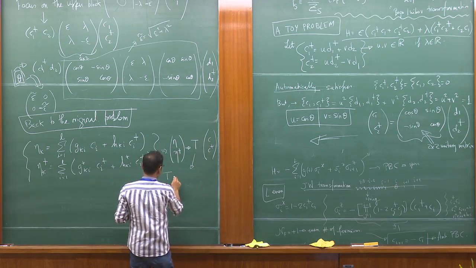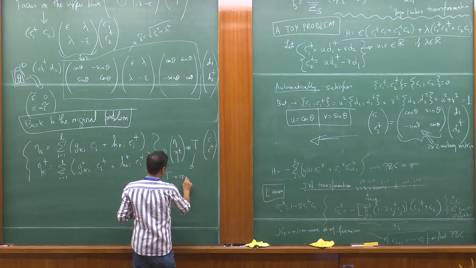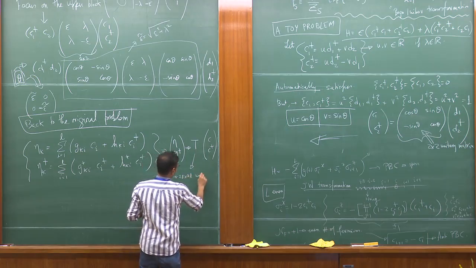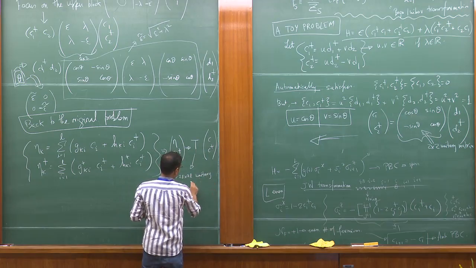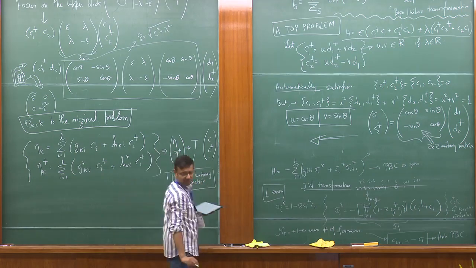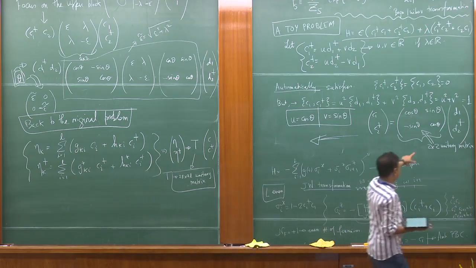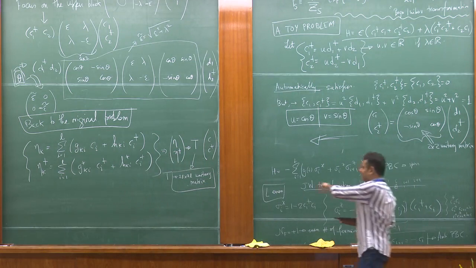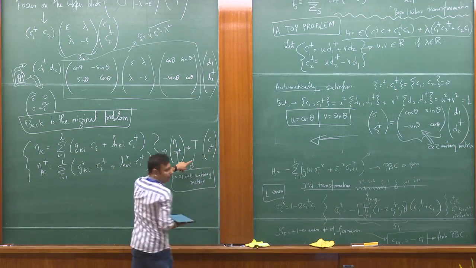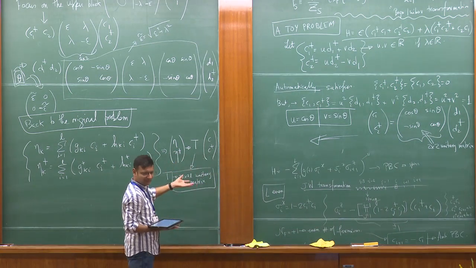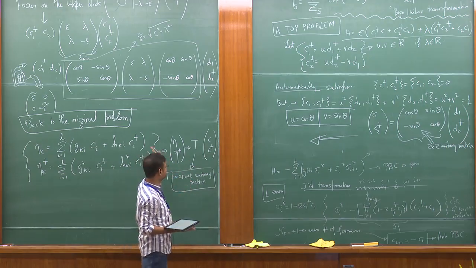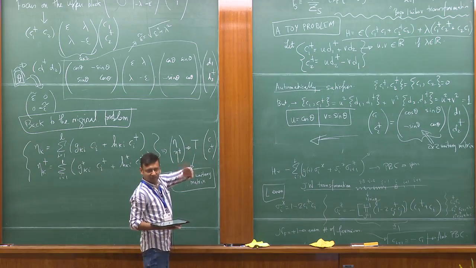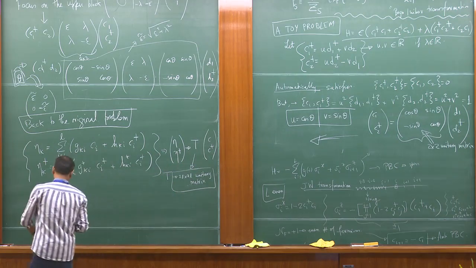Therefore, T on general grounds must be a 2L cross 2L unitary matrix, because I'm doing a basis transformation. Exactly like this is a 2 cross 2 unitary matrix, exactly like that, this must be a 2L cross 2L unitary matrix. It cannot be anything else. It cannot be a non-unitary matrix. Otherwise, this cannot be represented as a transformation. Okay?